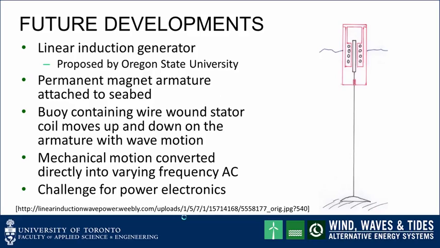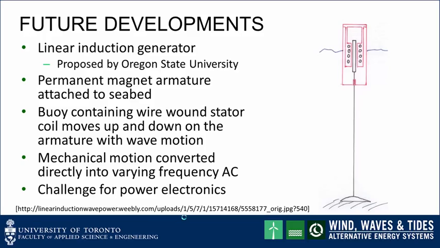So going back to point absorber wave energy converters in general, some interesting future developments have been proposed. This was a proposal from Oregon State University to couple a buoy with a linear induction generator. So instead of requiring rotary motion as most generators do, a linear induction generator generates power by simply reciprocating motion of the armature.